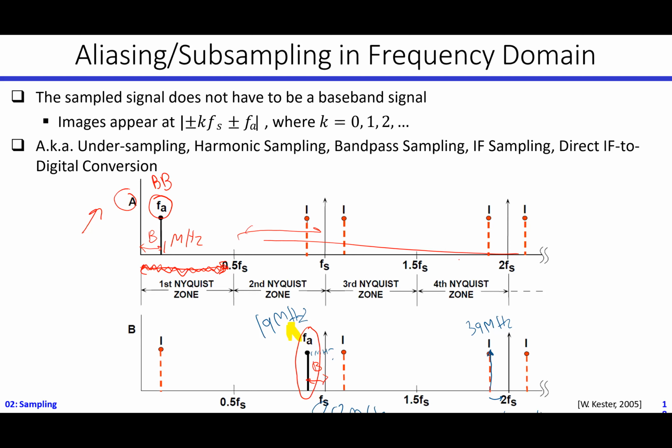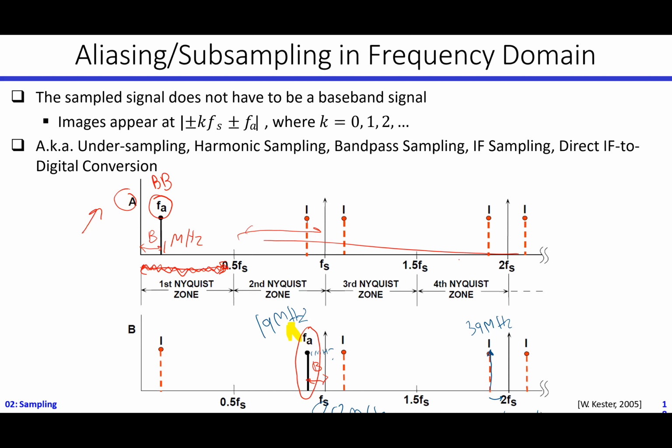As I told you, for example, in RF transceivers, you have a modulated signal at a certain carrier and you need to bring it to the baseband. So for example, your sampling frequency is 1 gigahertz, and you have a signal at 1.1 gigahertz.